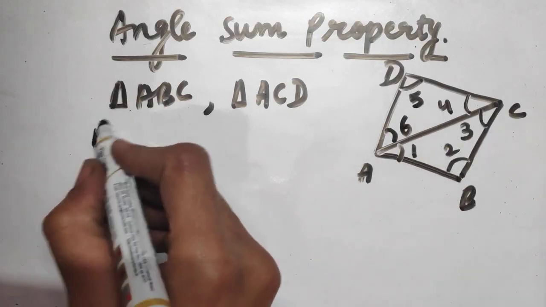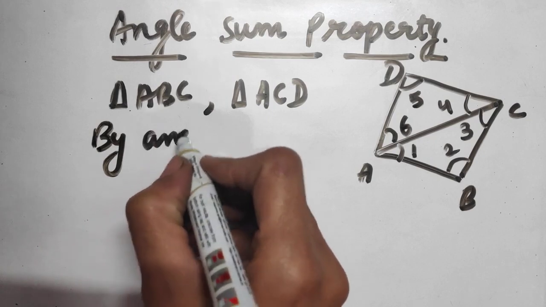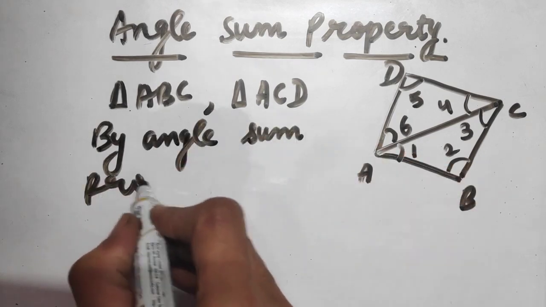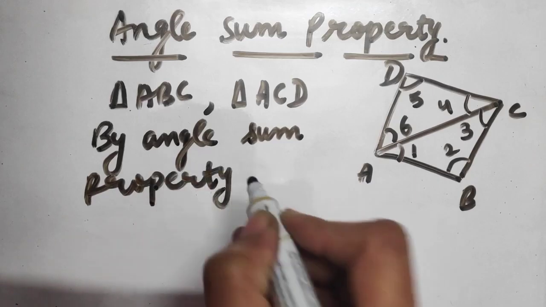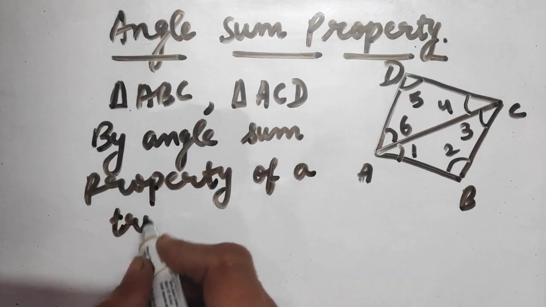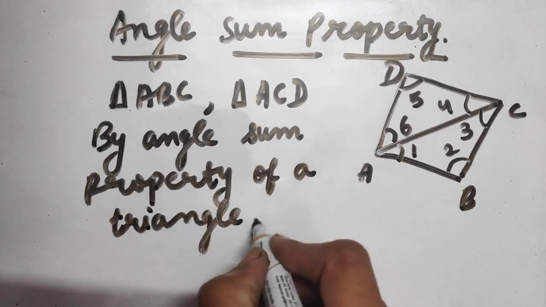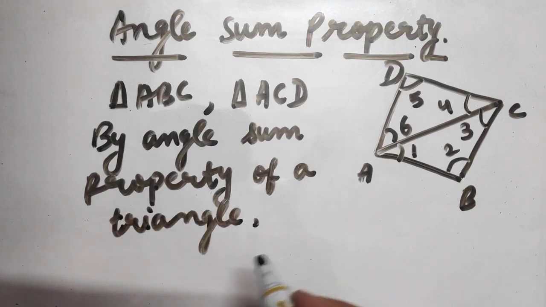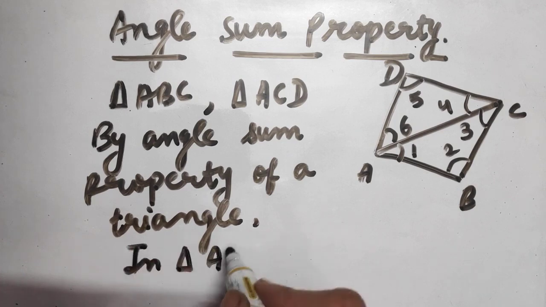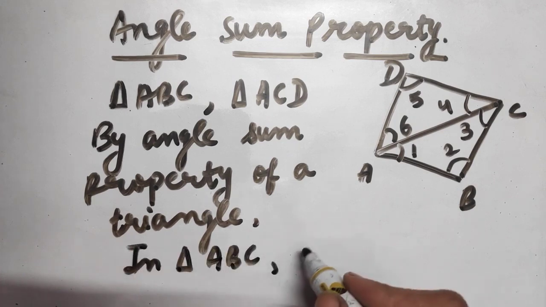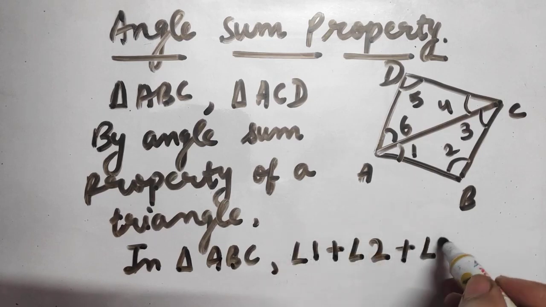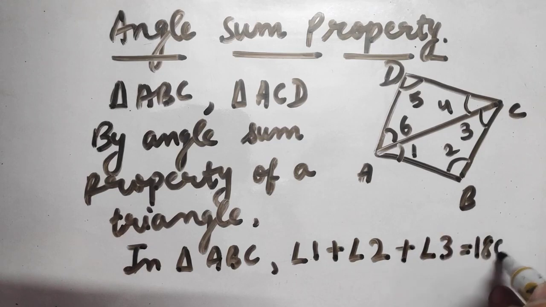Now by the angle sum property of a triangle, in triangle ABC, angle 1 plus angle 2 plus angle 3 is equal to 180 degrees.